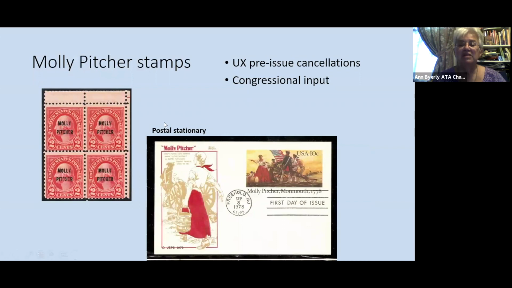Okay, and now we're starting a little bit on American nurses. The Molly Pitcher stamp is really considered the first American stamp with nurses. Molly Pitcher, you can see her in the postal stationery down here, is that a lot of early wars and battles actually occurred within sight.